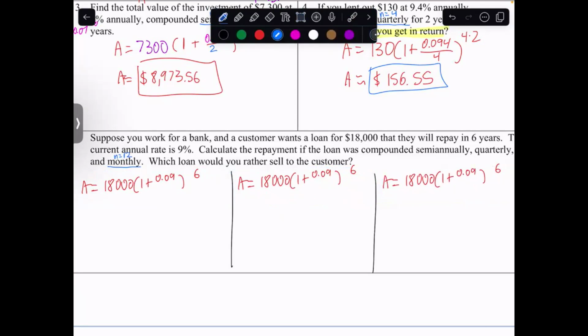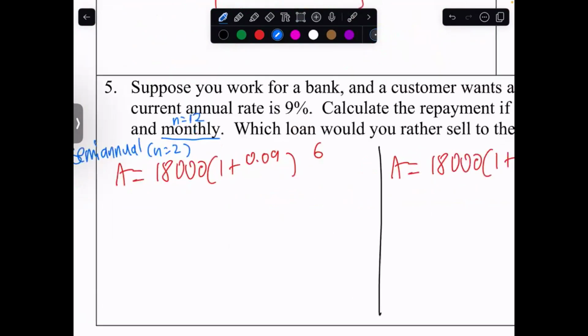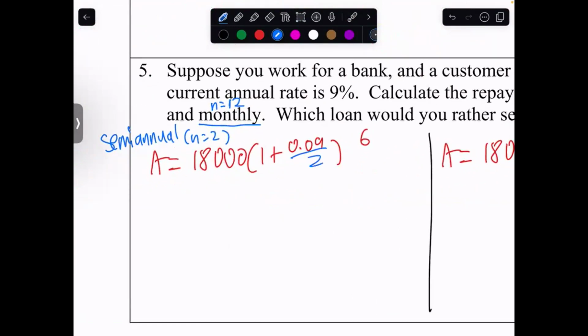Okay, so first I asked for semi-annually, which means that n is 2. So if we substitute 2 in for all n's, the final balance comes out to $30,525.87.